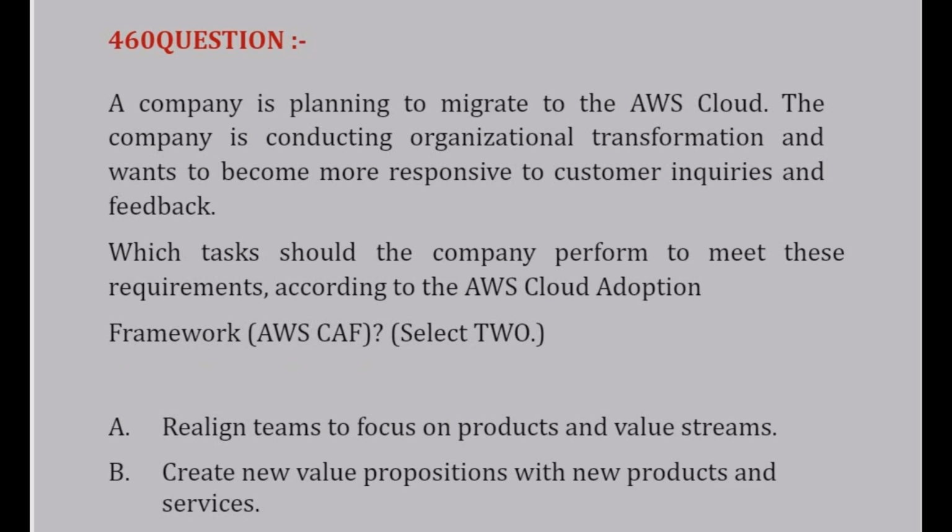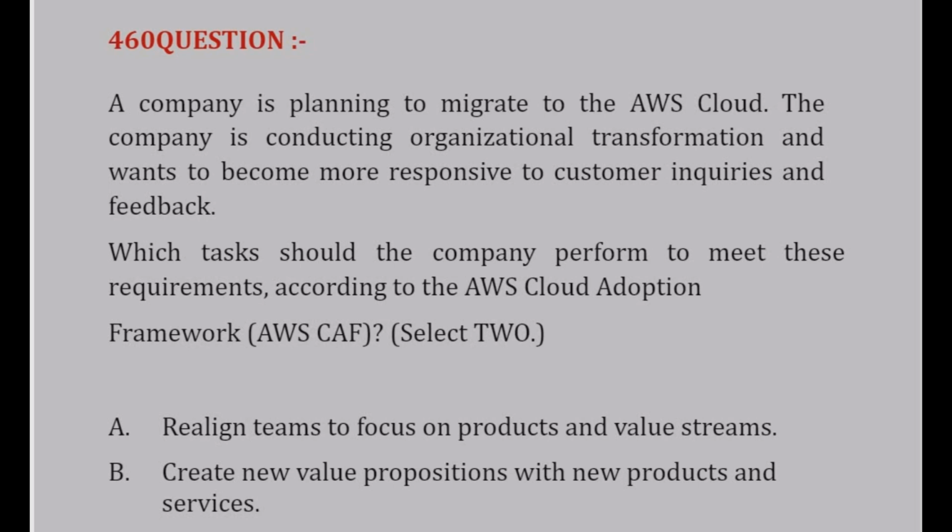Question is, a company is planning to migrate to the AWS cloud. The company is conducting organizational transformation and wants to become more responsive to customer inquiries and feedback. Which tasks should the company perform to meet these requirements according to the AWS Cloud Adoption Framework (AWS CAF)? Select two options.